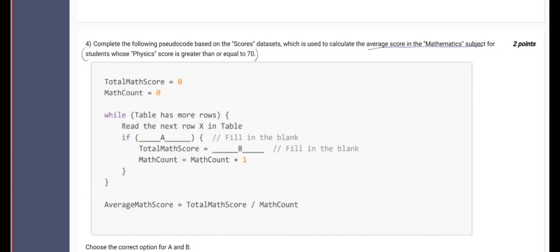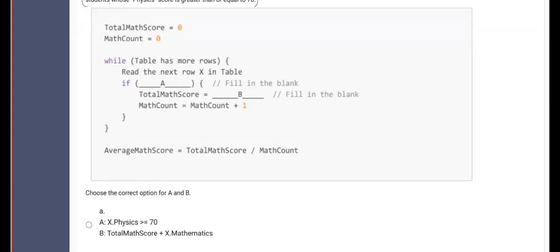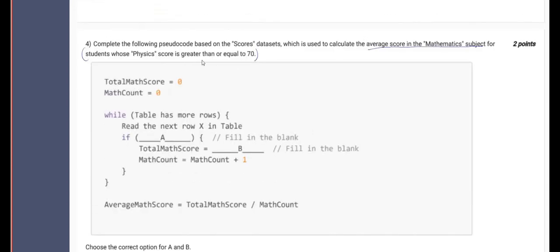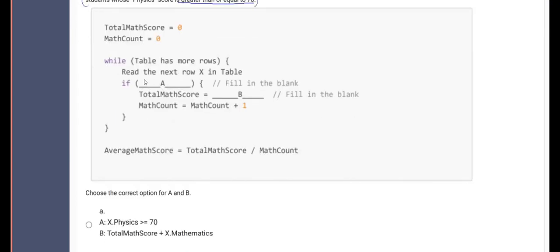Right? So read the first row. We'll have to keep the suitable texts here. If x dot physics is greater than or equal to 70, yes, this is what is given here, greater than or equal to 70.